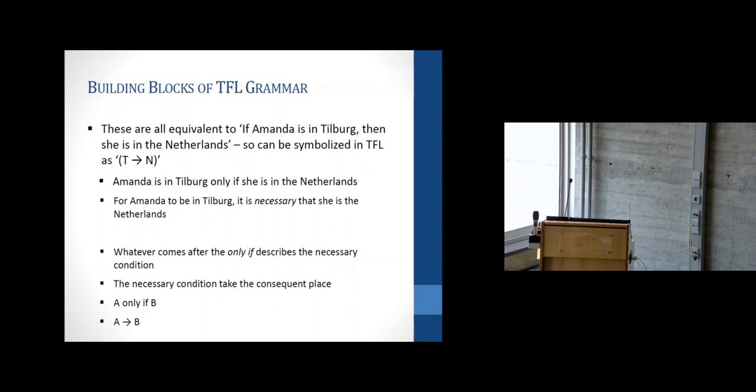Whatever comes after the if is going to be the antecedent. So sorry, it will be B arrow A, because whatever comes after the if captures the antecedent. So it gets reversed. Yep.